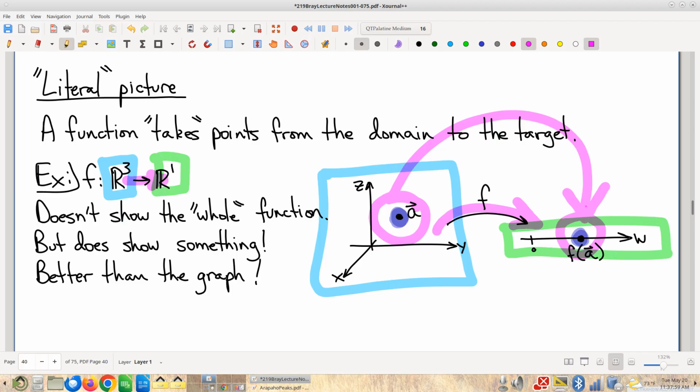It is a kind of picture of sorts. It is also kind of a letdown because you look at what I have drawn here and you feel like you have a good sense for what this function's doing. I mean, where's the shape? How can I infer something?